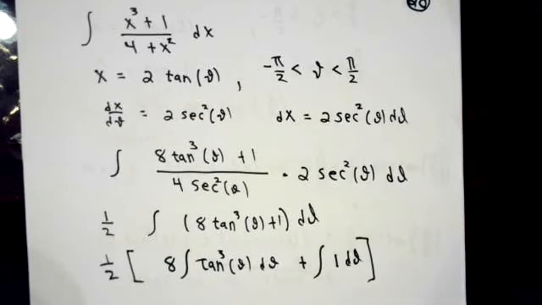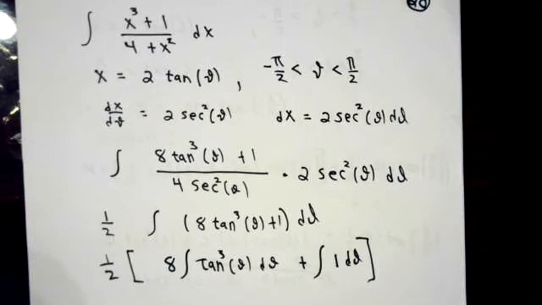Another example, I'd like to look at the integral of the following fraction, x cubed plus 1 over 4 plus x squared with respect to x. This time I don't have something squared minus something else squared. I've got something squared plus something else squared.